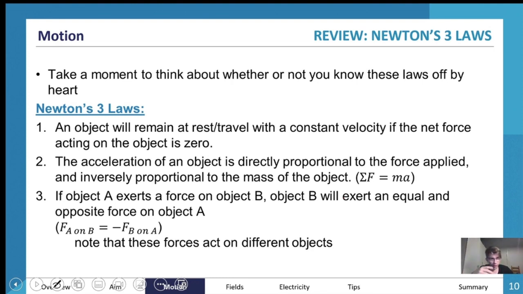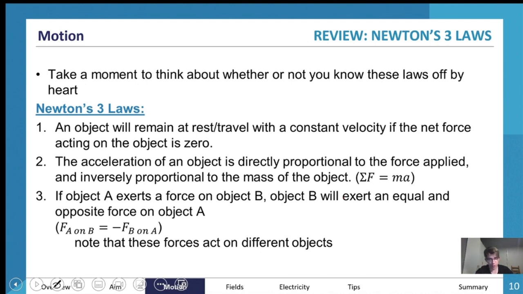For example, at the moment, I am not accelerating on the vertical plane. The reason for that is because the net force acting on my body on the vertical plane, now that I'm sitting on the chair, is equal to 0, right? There is a weight force by gravity pulling me down, but there's also the normal force applied by the chair and the ground combined together, pushing me up. The normal force that pushes me up is equal to the weight force that pulls me down.